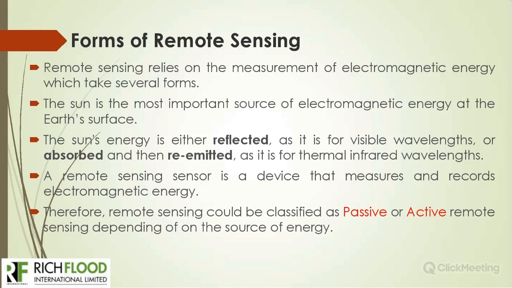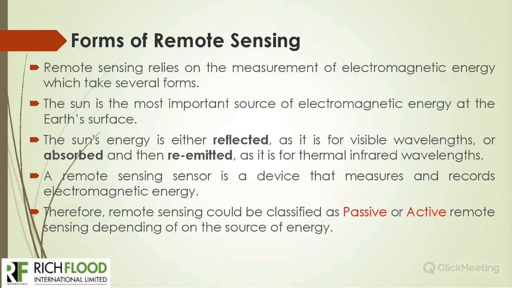So remote sensing relies on measurement of electromagnetic energy, which takes several forms. As we have said earlier, we have a range of electromagnetic energy made up of different wavelengths, and depending on the type of sensor you use for your remote sensing system, different measurements at different wavelengths could be made from the radiation that has been transmitted to the sensor.